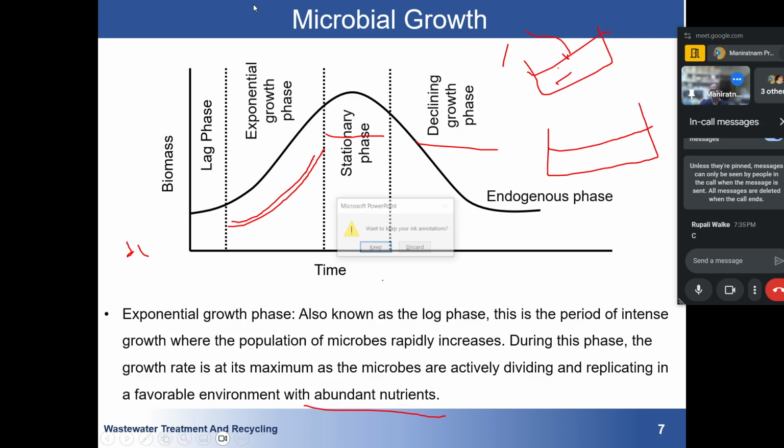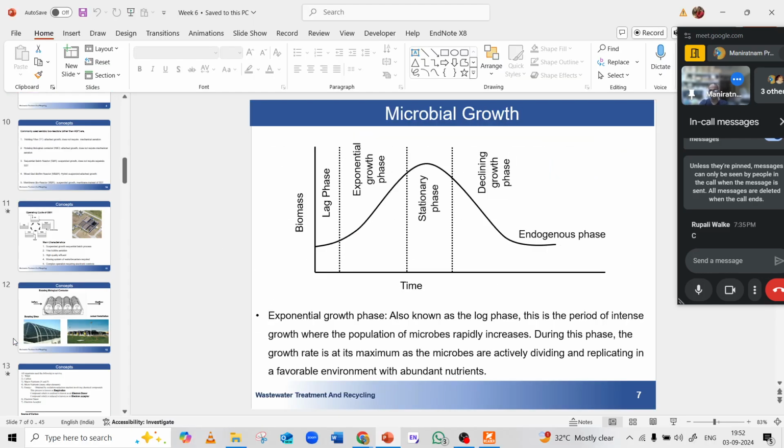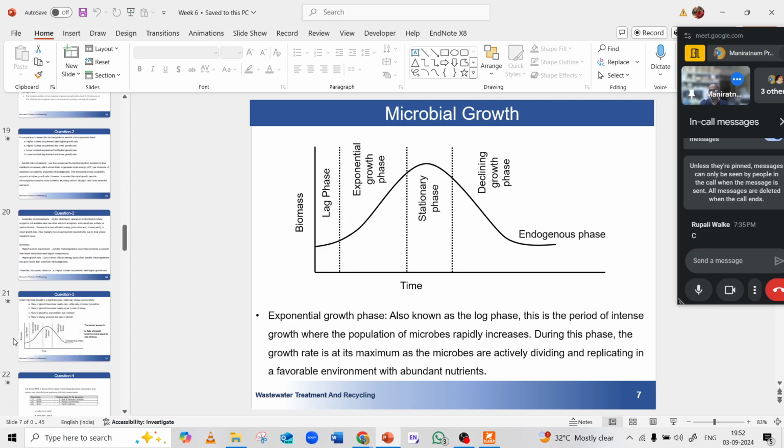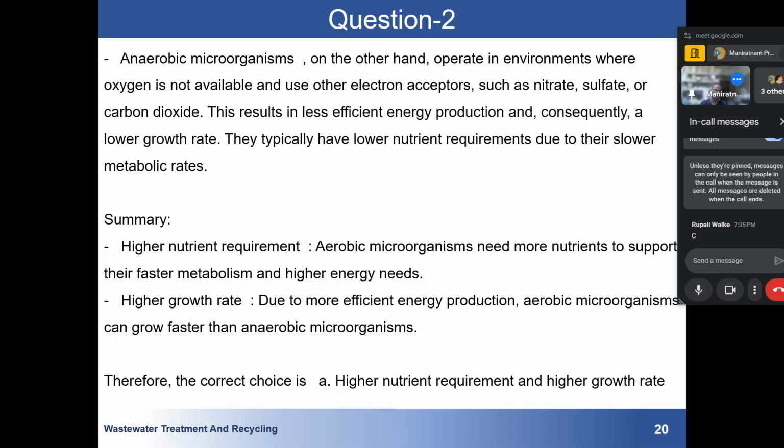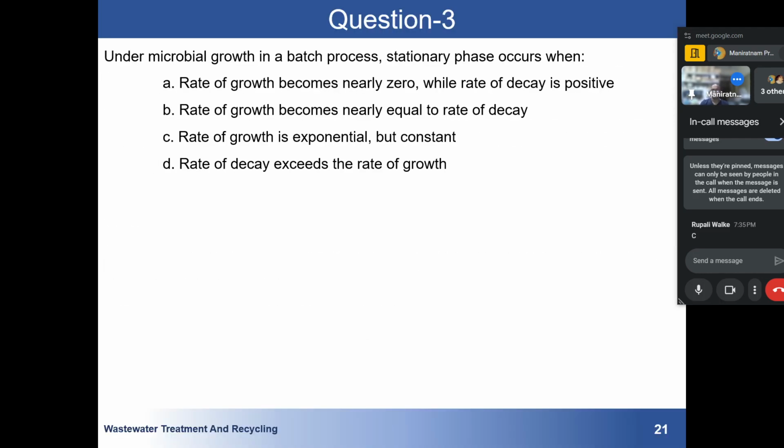Now, coming back to the question, try to answer it. A stationary phase.